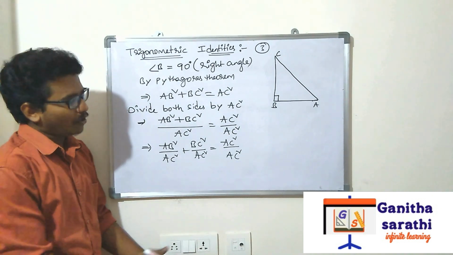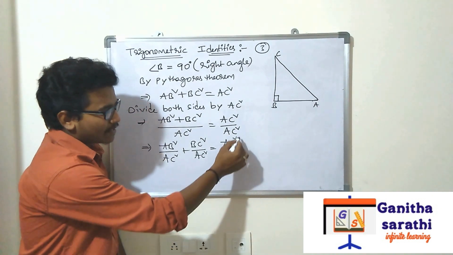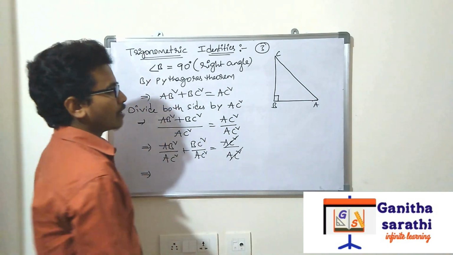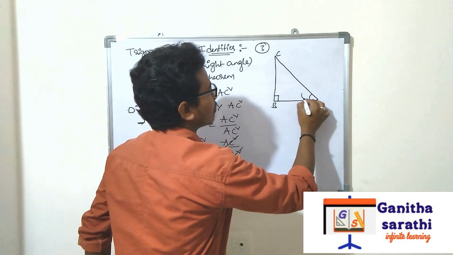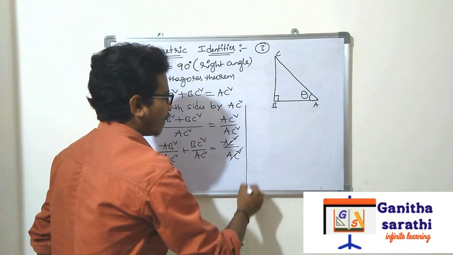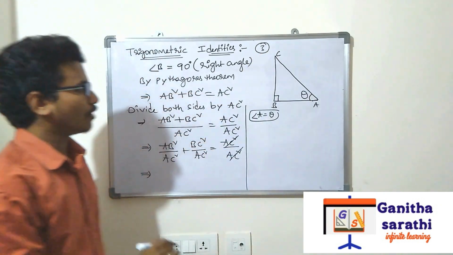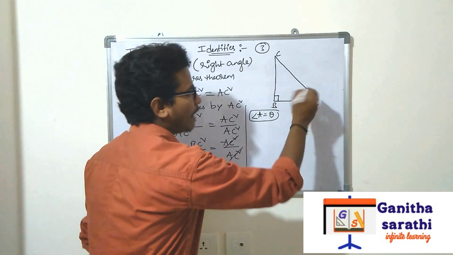Clear, all of you? Now you can cancel AC square and AC square. Now look at the figure. I am taking my angle here. Let angle A be equal to theta.